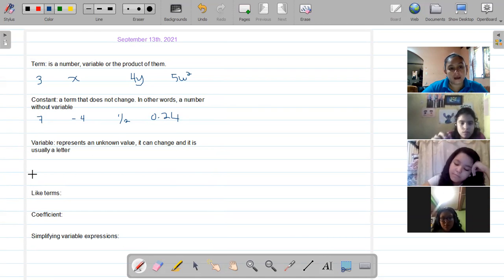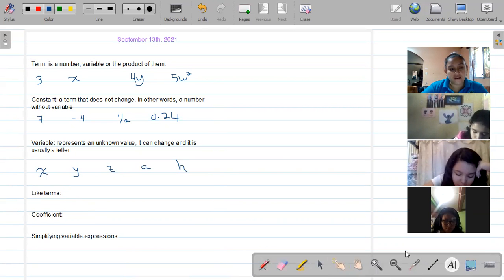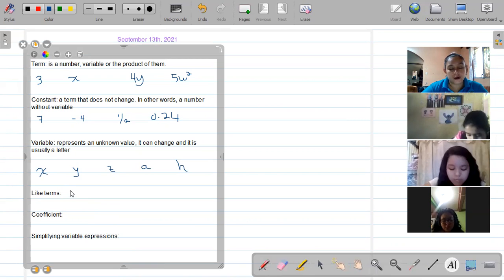And variables, it could be any letter. It could be X, Y, those are the ones that we use the most, Z, but it can also be A, H, etc. Okay, and that is a variable.